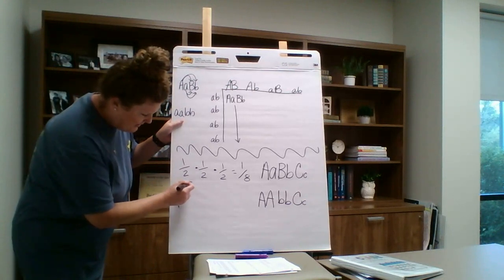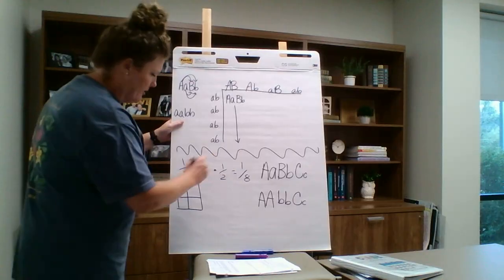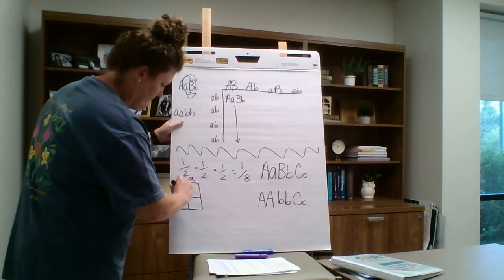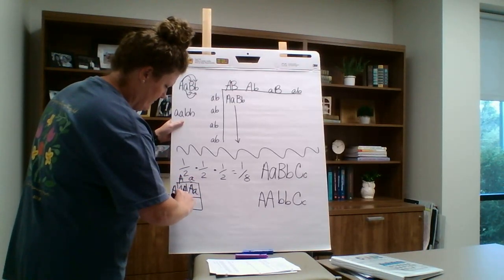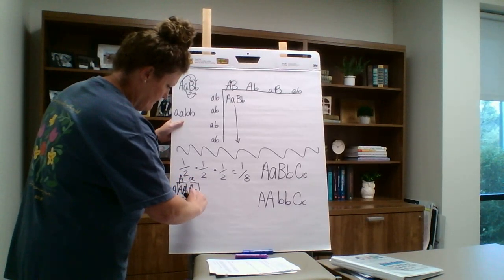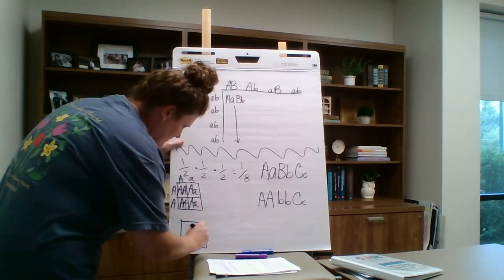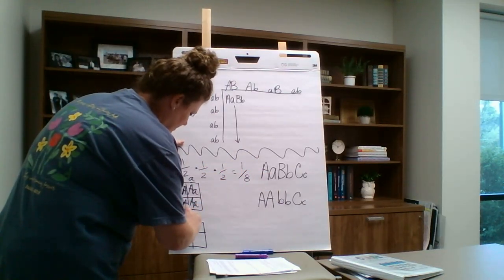So over to the side. I know this isn't going to be super big, but I'm going to do a big A, little a, cross with big A, big A. All right, for my B's, I have big B, little b, cross with little b, little b.